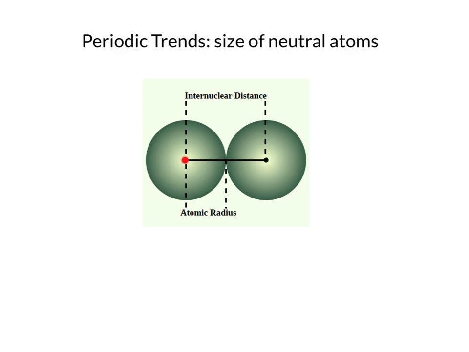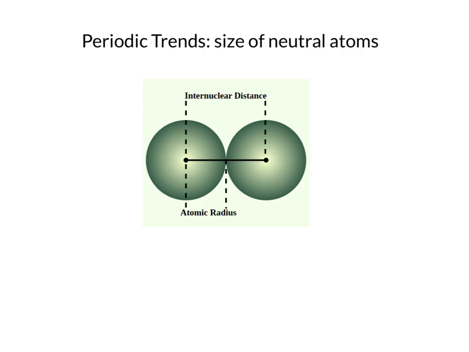So if I push them as close as I possibly can, so that the electron-electron repulsion makes it so I can't push them any closer together, and I look at the distance between the nuclei, that is going to be equal to one radius plus another radius, so that's going to be equal to the diameter of one of these atoms.